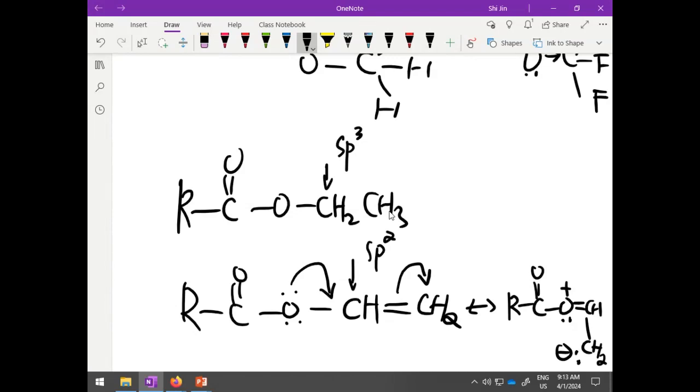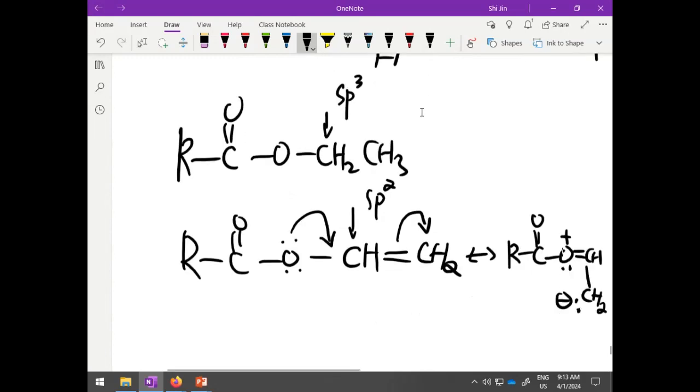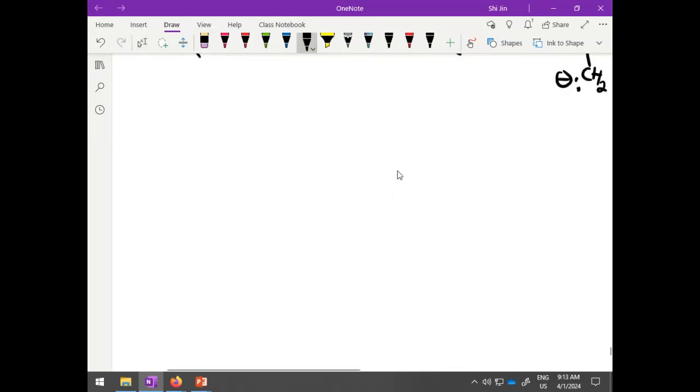So the argument is the same. If you have any clear pathway for the oxygen lone pair to become less available, then that ester will become more reactive, because the ester carbonyl's stability comes from the stabilization from the oxygen lone pair. So if you have a structural factor that takes the oxygen lone pair away for whatever reason, then the ester will become more reactive. I'll just give you one example.